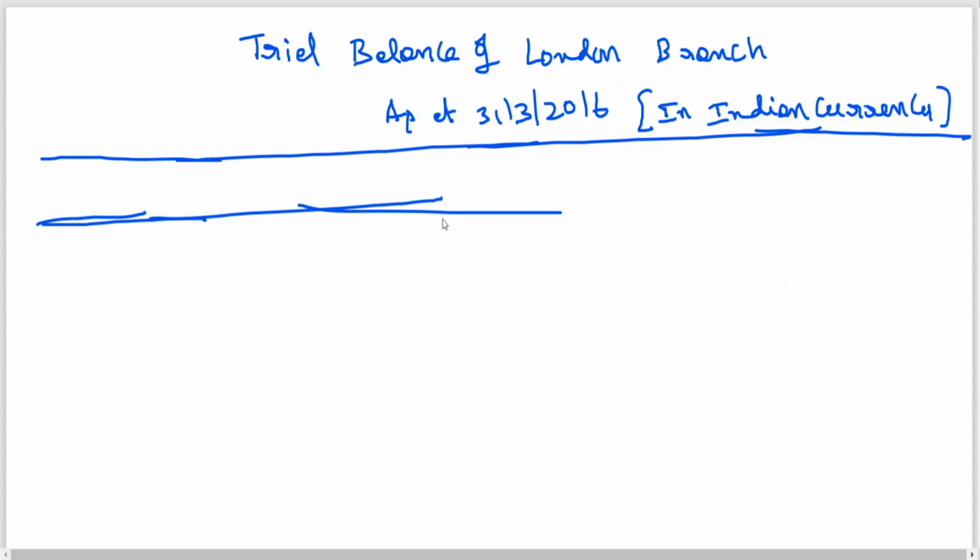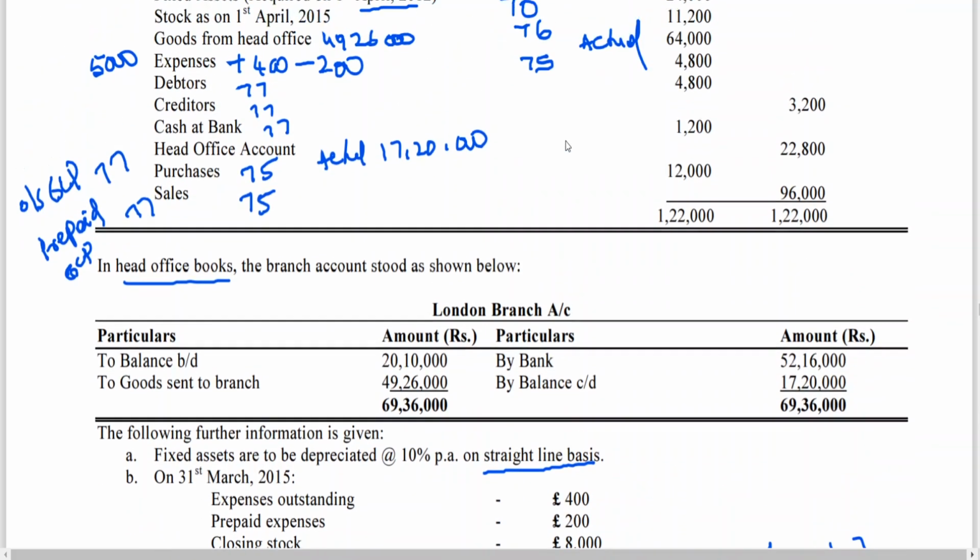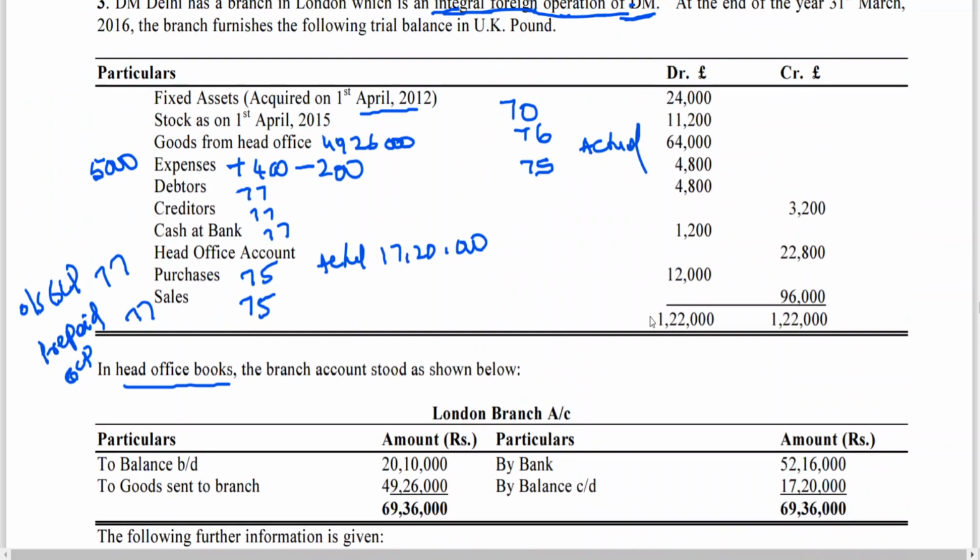In the last class I told you, whichever is convenient you can do. You can copy down the values given here as they are. This is one way. The other way is writing the rate per UK pound and then going for this one. So it is your wish.